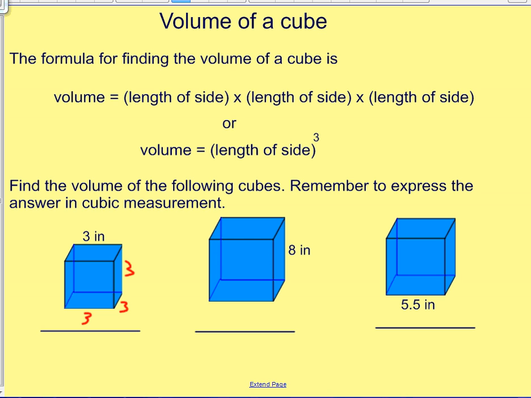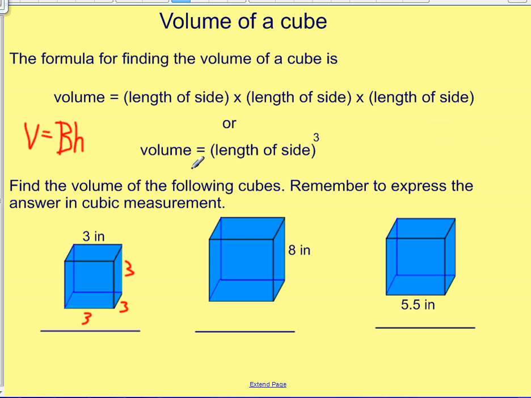Now, when you're thinking about volume, I always like to think about it in terms of the area of a base times the height. So whenever I think of volume, I think of the area of a base, which I'm going to write as a big B, times the height.